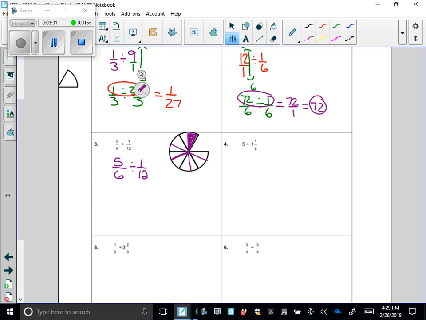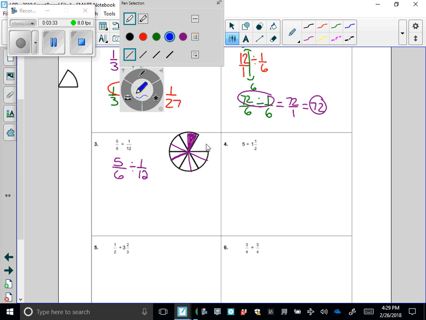And if you look at that, there would be quite a few more slices than we started with, so that's just kind of a sample of thinking with the picture.